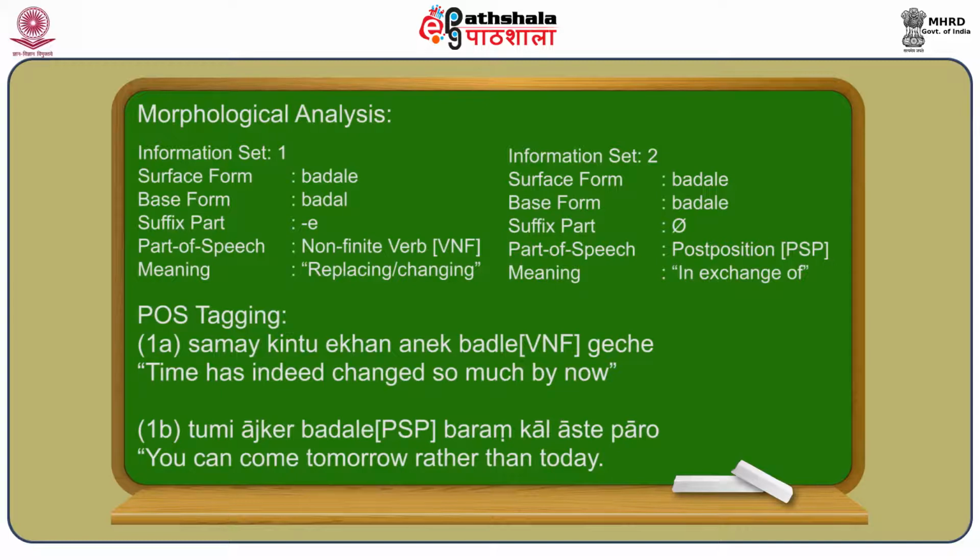In the second information set, the surface form bodole is a composite unit, a non-breakable unit. So the base form is bodole, the suffix part is 0, the part of speech is postposition, and the meaning is in exchange of. I can give you two examples.